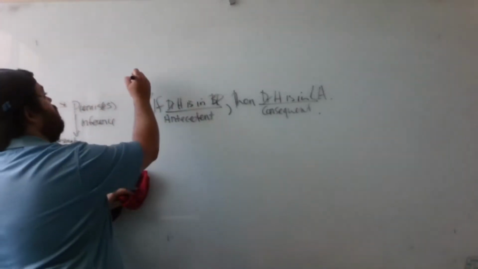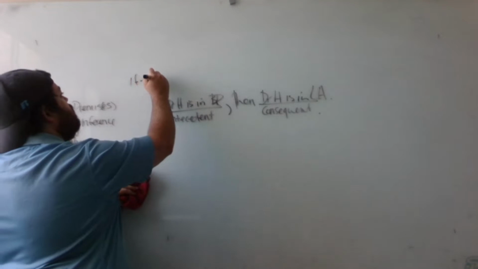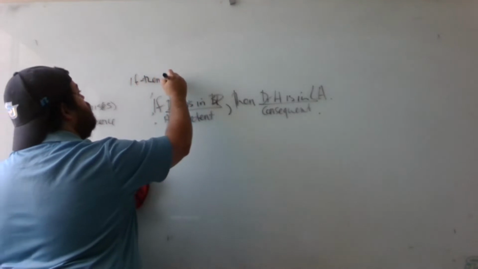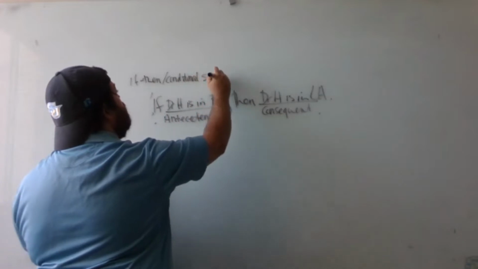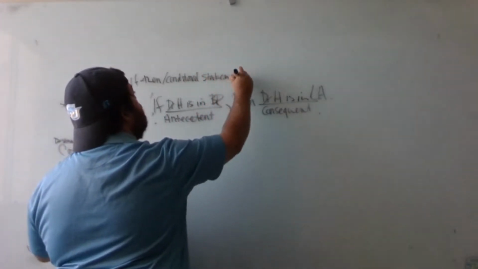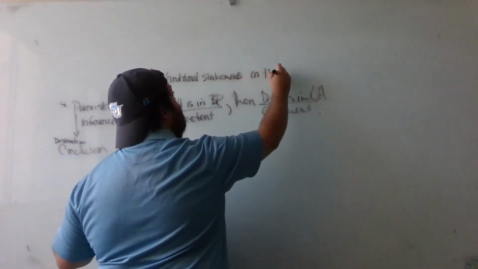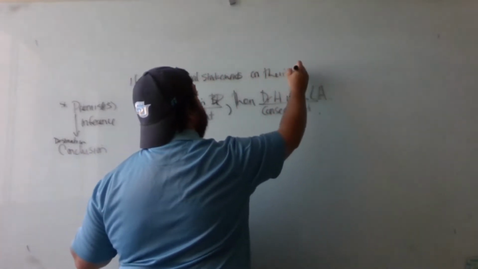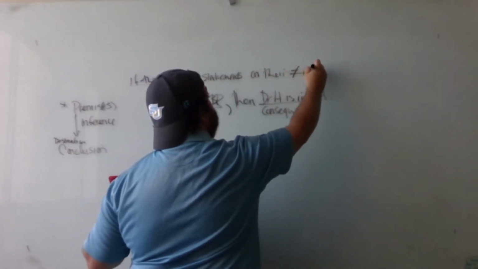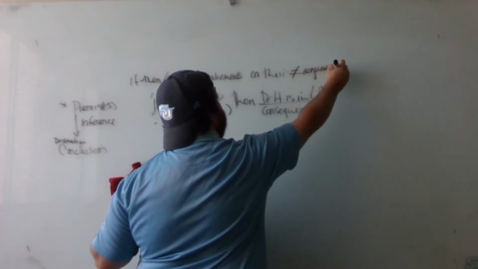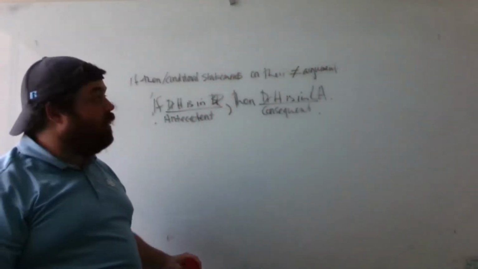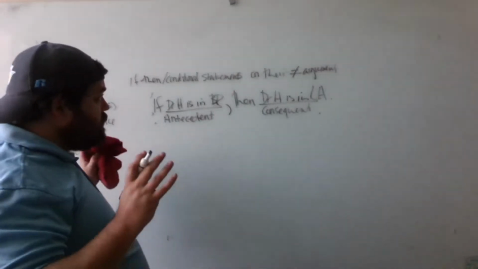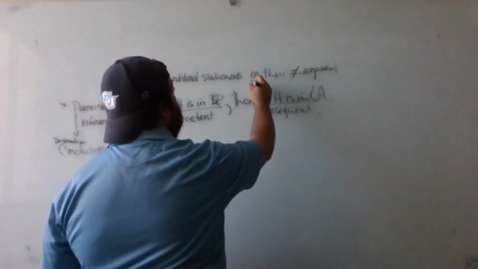How about I write that down: if-then, what we call conditional statements, on their own do not equal argument, right? So that equal sign with the slash through it means does not equal, right? So conditional statements on their own are not arguments.